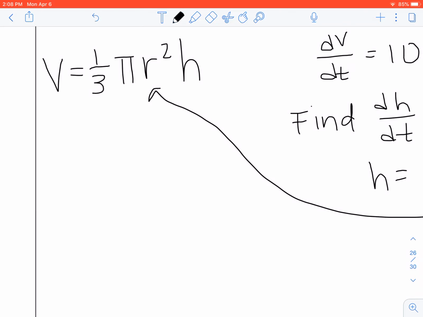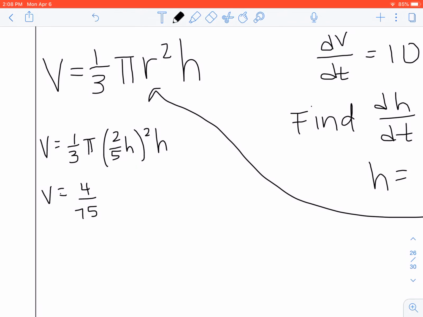So we have volume equals 1/3 pi, and instead of r, I'm going to substitute in 2/5 h, squared, times h. Cleaning this up, we get 4/75 pi h cubed.